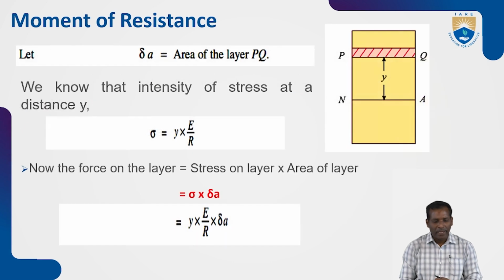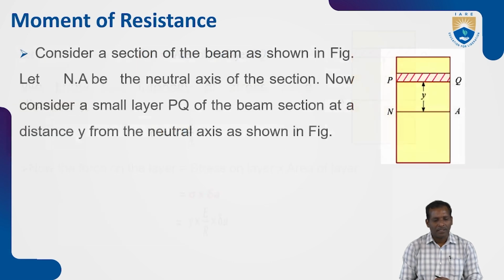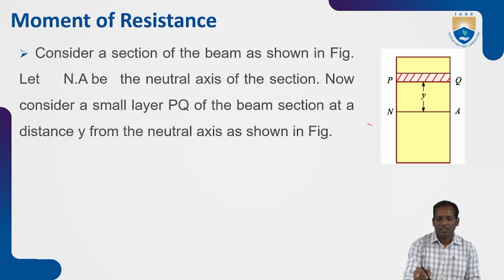So how do you calculate the moment of resistance? Consider a section of a beam, like in the previous position of neutral axis. Let NA be the neutral axis of the section, already you know.